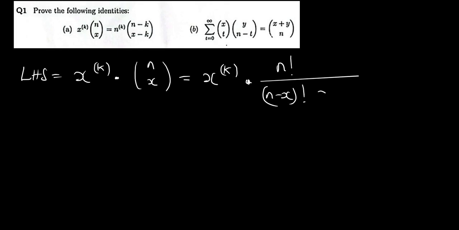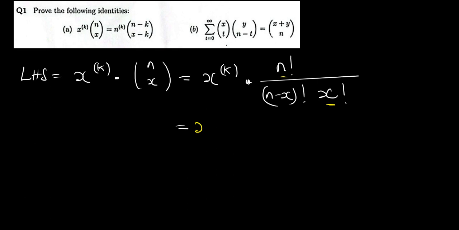We can expand this combination: it is the same as n factorial over n minus x factorial, and then x factorial. From here we can expand the factorial that has n, and also expand this x factorial.